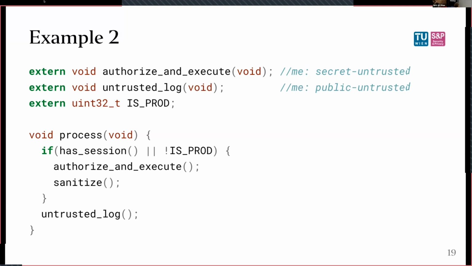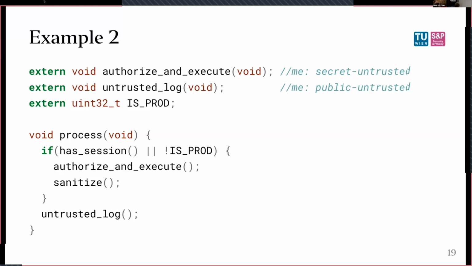And this might look simple, but most non-interference checkers will not be able to handle this code because, okay, imagine you have a type system, then sanitize, which sets the thing to 0, is executed in a position that is depending on untrusted information or on secret information.